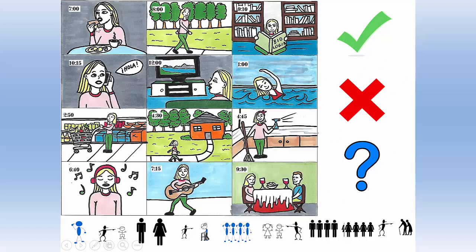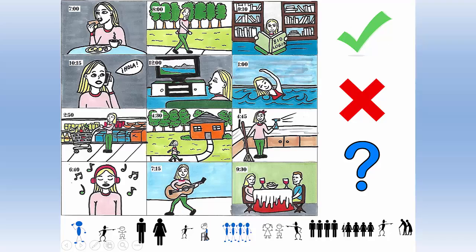So if there are 12 pictures here, there are 10 subjects, and then there are 3 types of sentences: positive, negative, and questions. You can, for example, make 10 sentences with this first picture, 1 with each of the subjects, and then you can also make 3 types of sentences for each of the subjects.